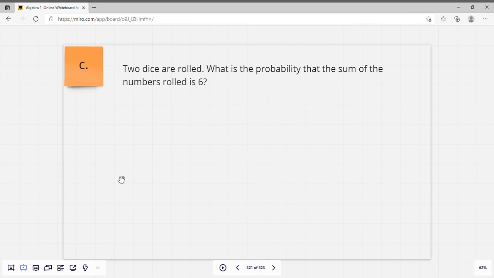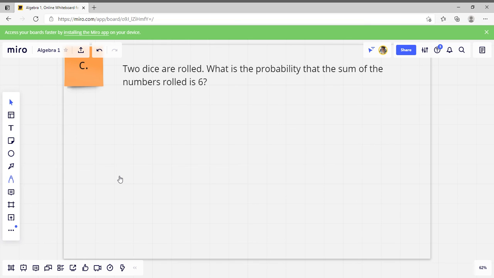All right, 2 dice are rolled. What is the probability that the sum of the numbers rolled is a 6? Okay, so remember, when we rolled 2 dice, we ended up with 36 possible outcomes. So our bottom is 36. We could draw our little chart again.